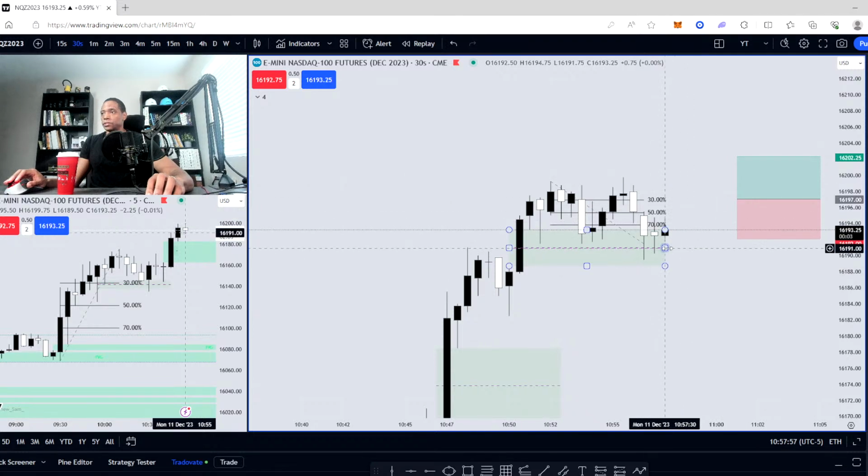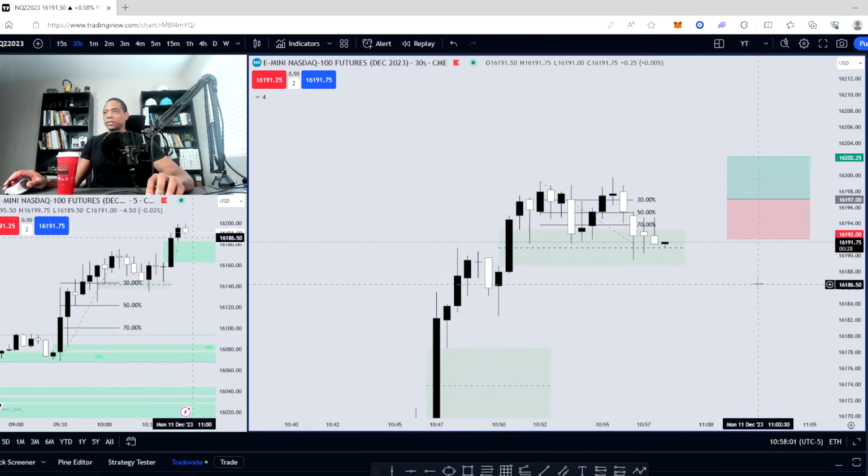See now if price runs up to 16,210, which was the high of November 29th.